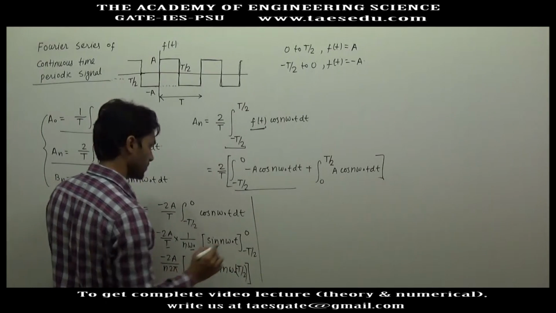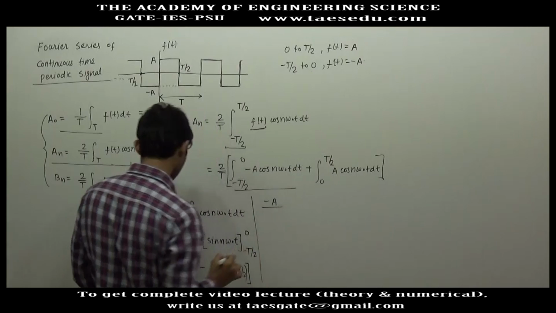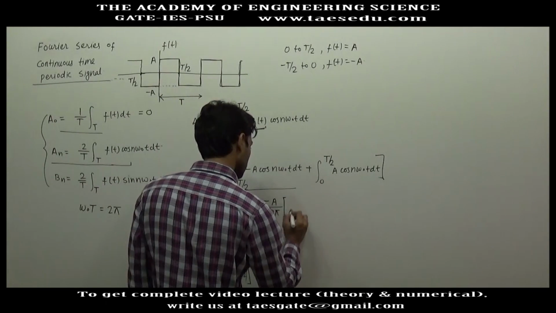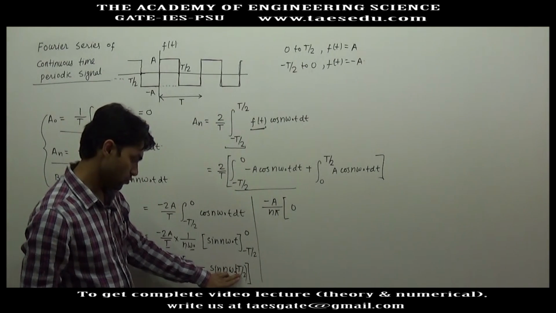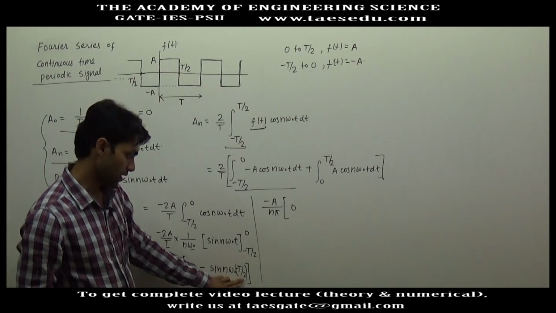So here we will have minus a by 2 cancelled, n pi, 0, and omega naught into T is 2 pi. 2 pi by 2 will be pi.